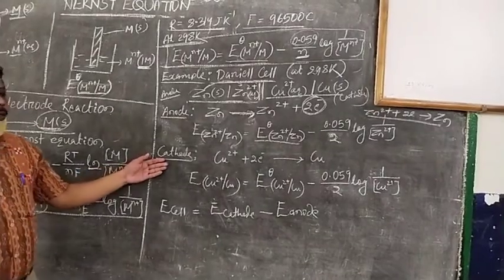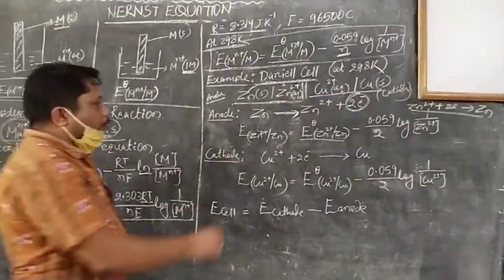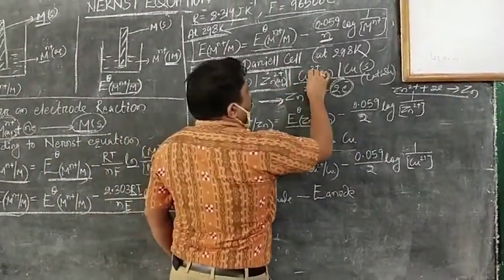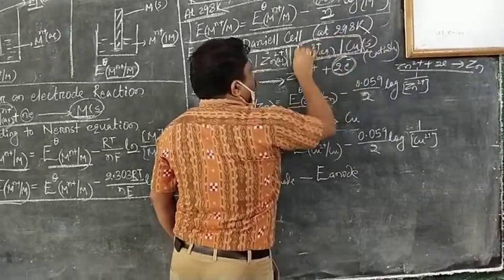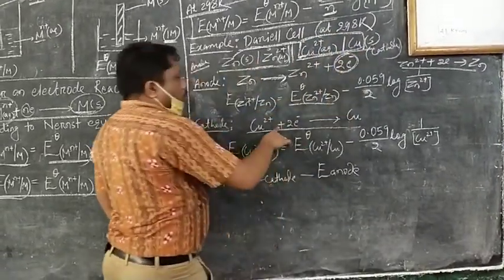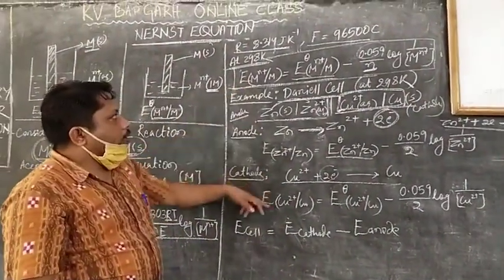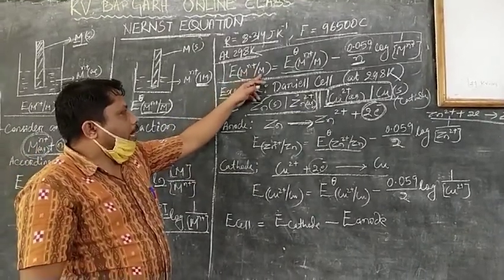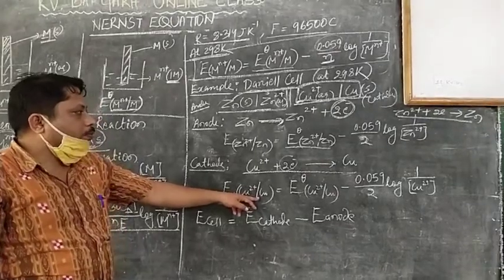Similarly, you can write the Nernst equation for the cathode, that is the copper electrode. For that you have to write the equation. Here Cu2 plus is changed to Cu by gain of 2 electrons. So again we apply the Nernst equation. In place of E Mn plus slash M, you can write E Cu2 plus slash Cu.